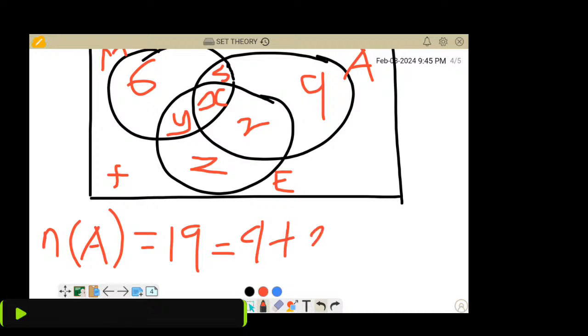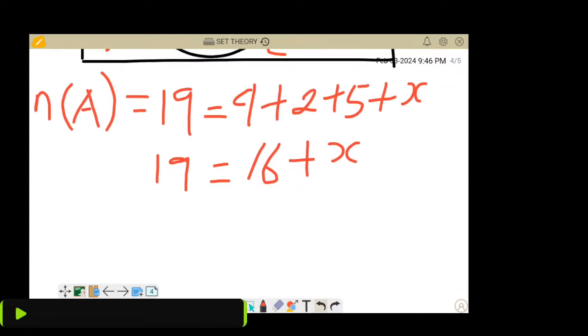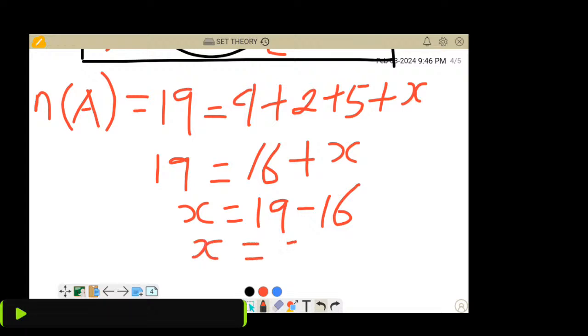Nine plus 2 plus 5 plus X, and with this we can get the value of our X. We are going to have 19 equal to 9 plus 2 is 11, 11 plus 5 is 16, so 16 plus X. Therefore, we can say our X equal to 19 minus 16, and our X will be equal to 3. So that's the number of students that pass all the 3 subjects.